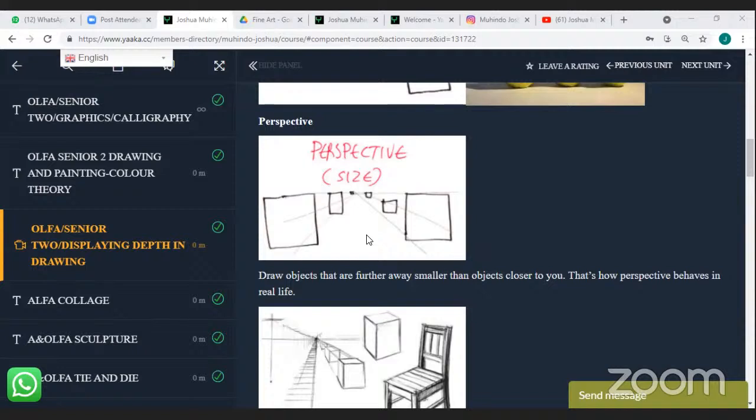The same thing with colors: colors that are close to us are bright, but as they go very far from me, they become dull and they fade away. I realize that shapes that are close to me are bigger, but as they go very far away, they become smaller. You get those four concepts. So perspective covers each and everything.